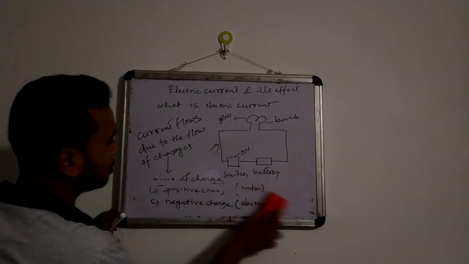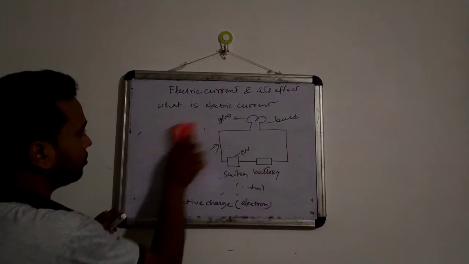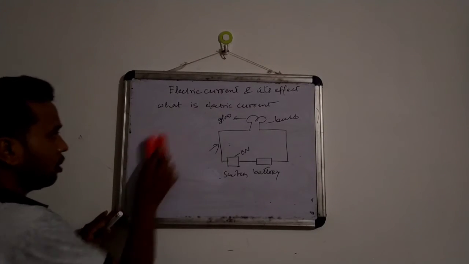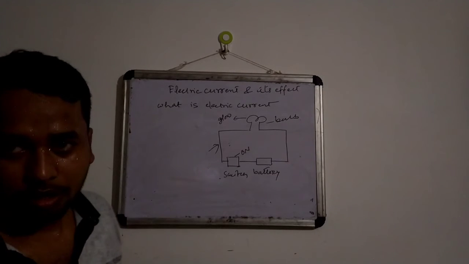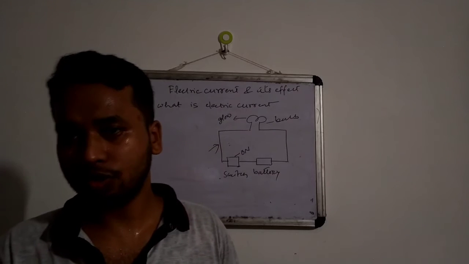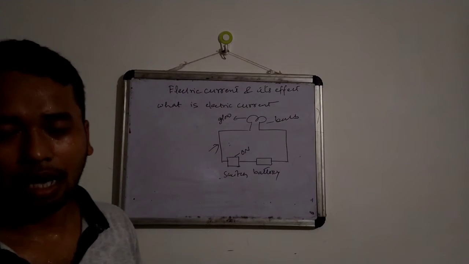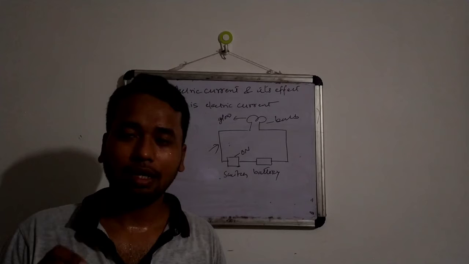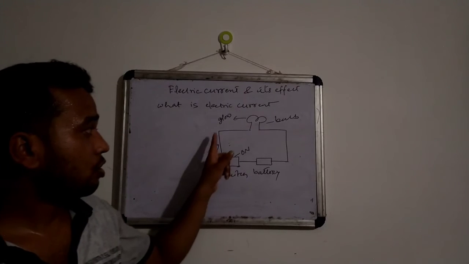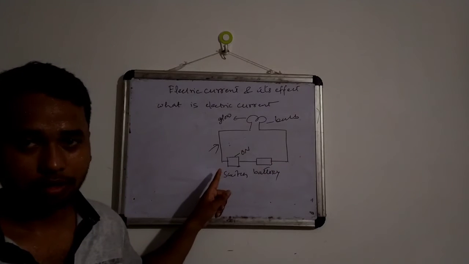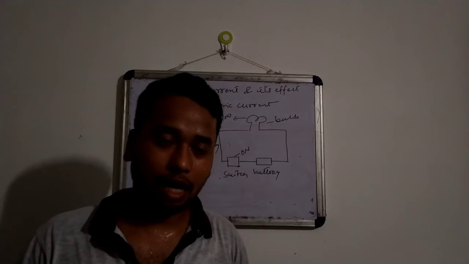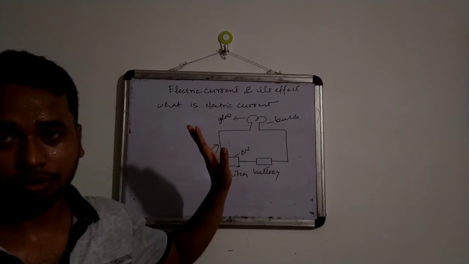So remember, charge is a property of matter. There are two types of charge: positive charge called proton and negative charge called electron. When the negative charge or electron flows through the copper wire, an electric current is generated, and due to this the bulb glows.